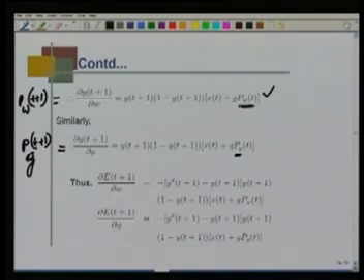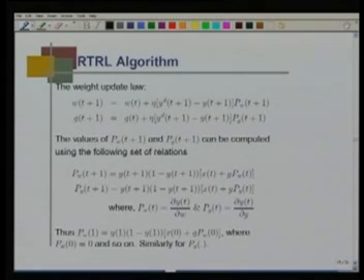Okay. And finally, we can write del E(t+1) del W as simply the error term times the gradient information at t plus 1. So, now it is a very simple relationship. Now, this is the final weight update law: W(t+1) is its previous weight plus the instantaneous error at t plus 1 into the learning rate and the gradient information at t plus 1.